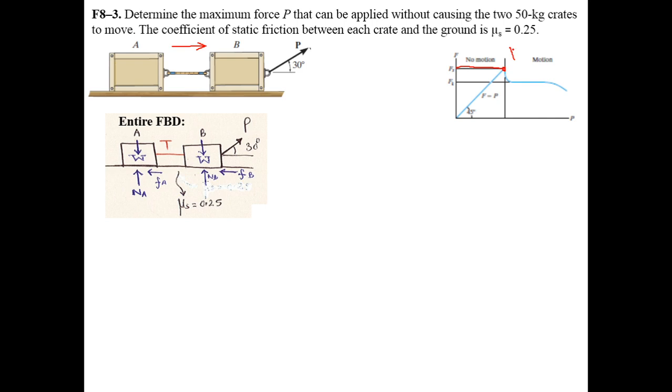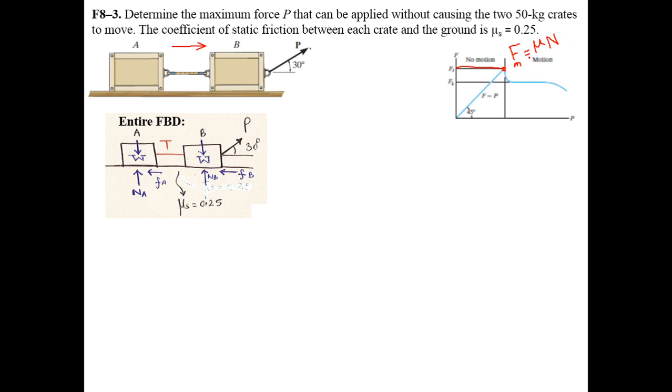That maximum friction force, as you all know by now, is equal to mu times N. So if we consider this as a type 2 problem, the force of friction at these points can be represented by the maximum value of friction force, that is mu times N.